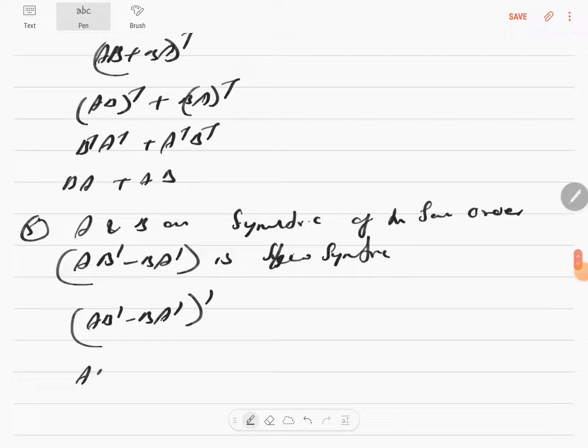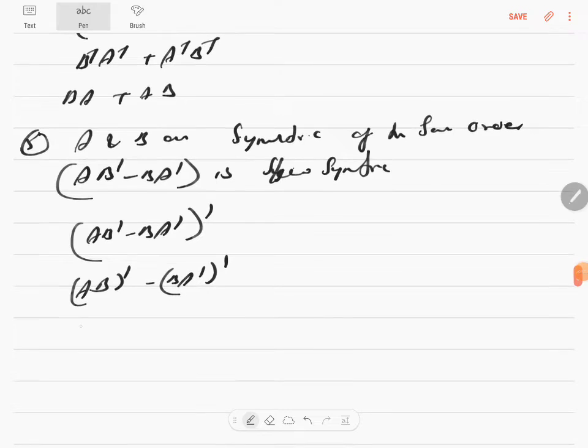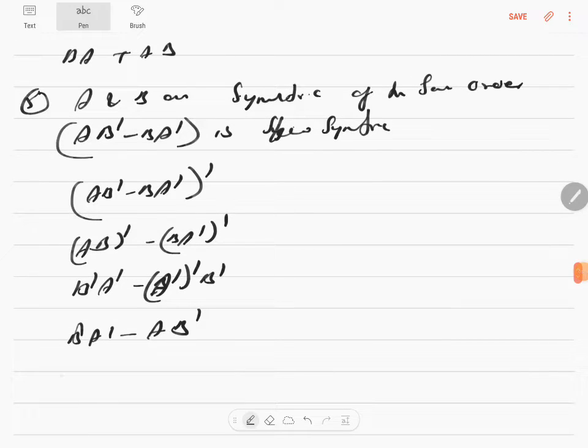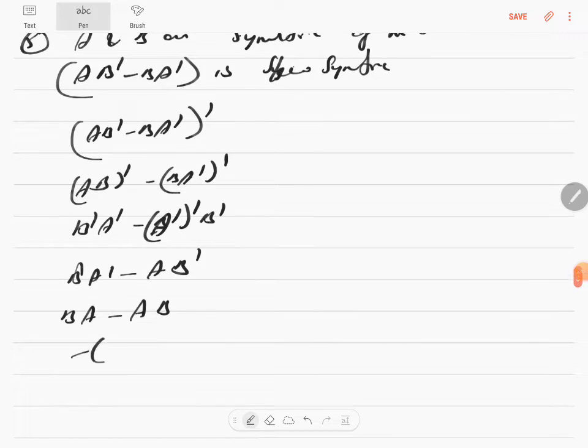It will become AB dash the whole transpose minus BA dash the whole transpose, which will become B into A dash minus A into B dash. And you know that B dash is B and A dash is A, so it is minus of AB minus BA.